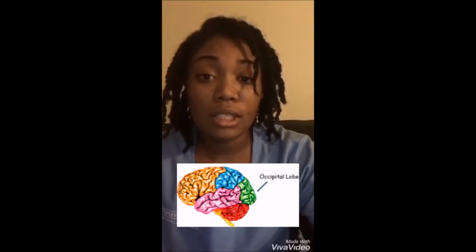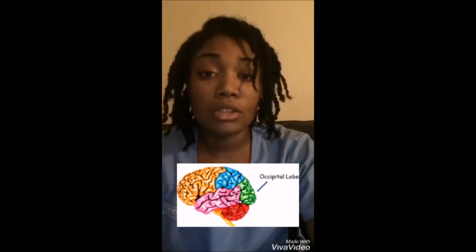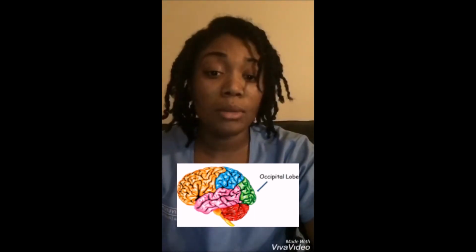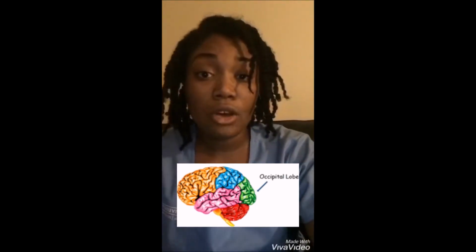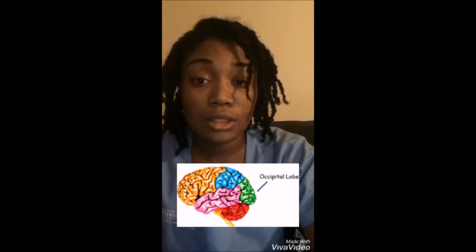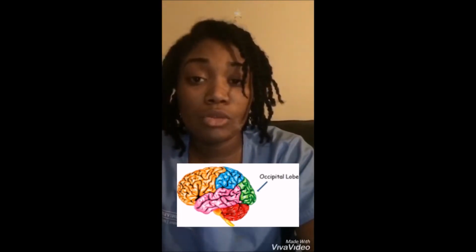After being processed, this information is later sent to the temporal and the parietal lobes for further processing. Damage to the occipital lobe can result in multiple vision-related problems. This includes the inability to discern colors, vision loss, visual hallucinations, the inability to identify words, and distorted visual perception.